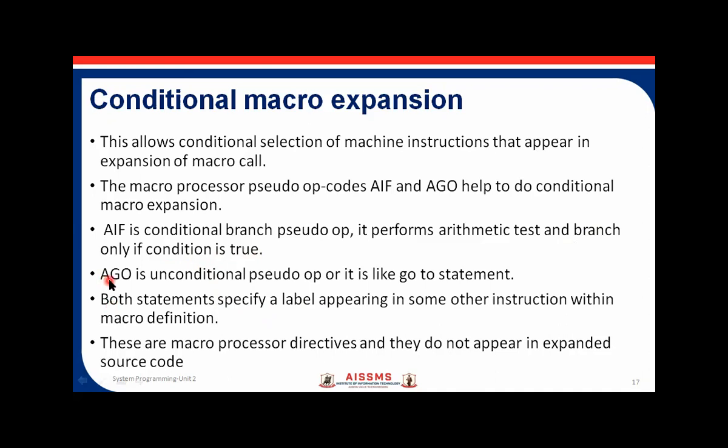Then we have AGO. This is the unconditional pseudo opcode, right? It is like a goto statement that we use in our C program. So this is equivalent to the goto statement in C. Both of these AIF and AGO statements specify a label appearing in some other instructions within the macro definition.